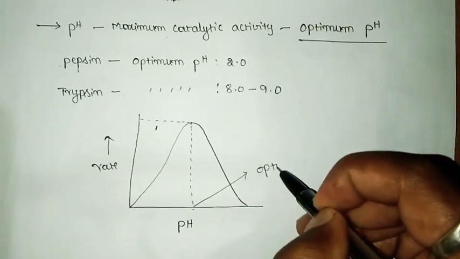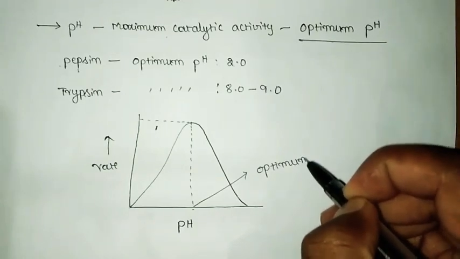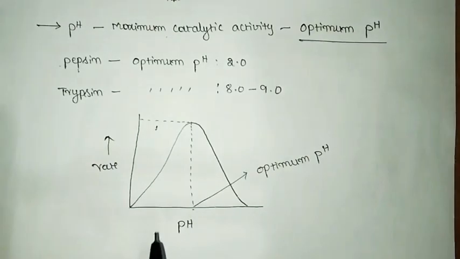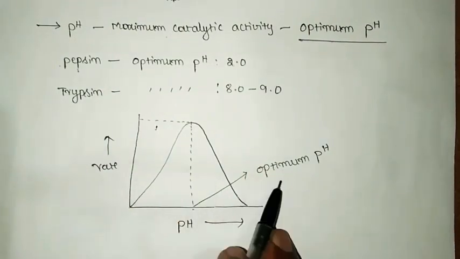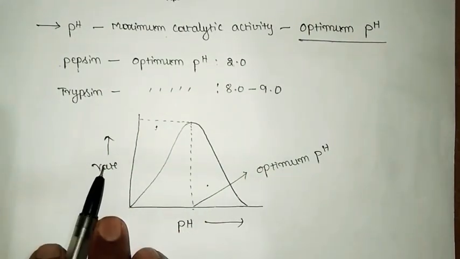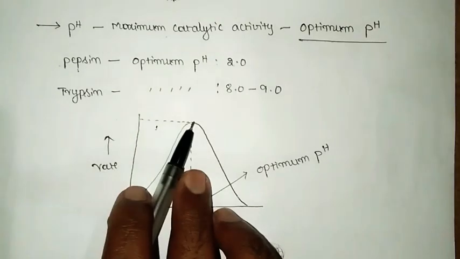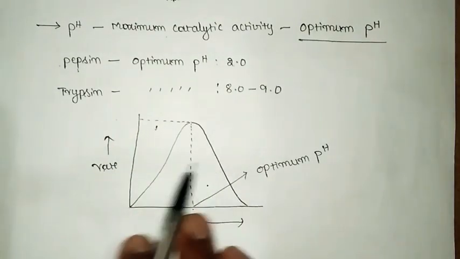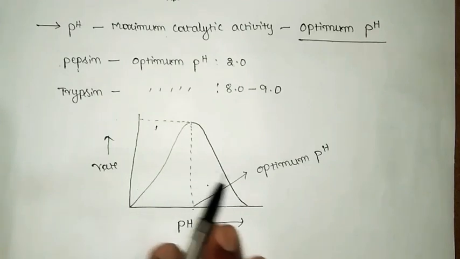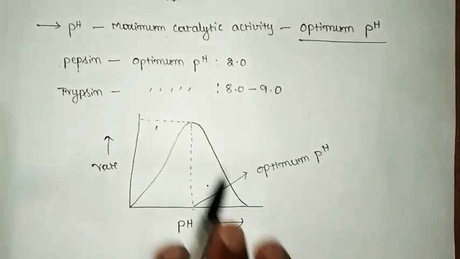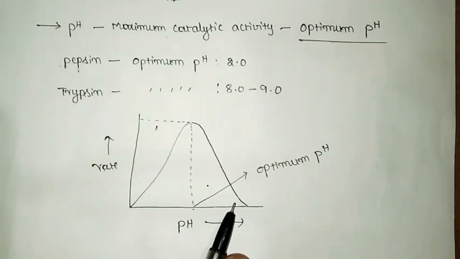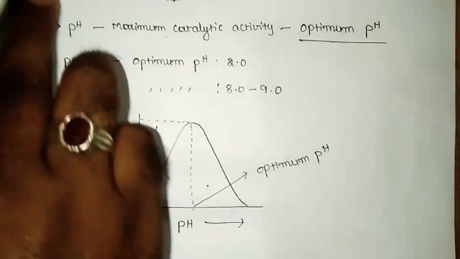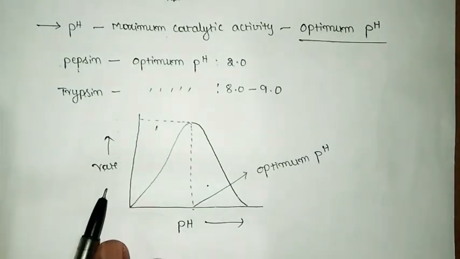At that pH the enzyme molecules show greater catalytic activity, and thus it gives a maximum rate for that particular reaction. And below that pH and above that pH, the rate of reaction will be less. And that's about the effect of pH on the rate of an enzyme catalyzed reaction.